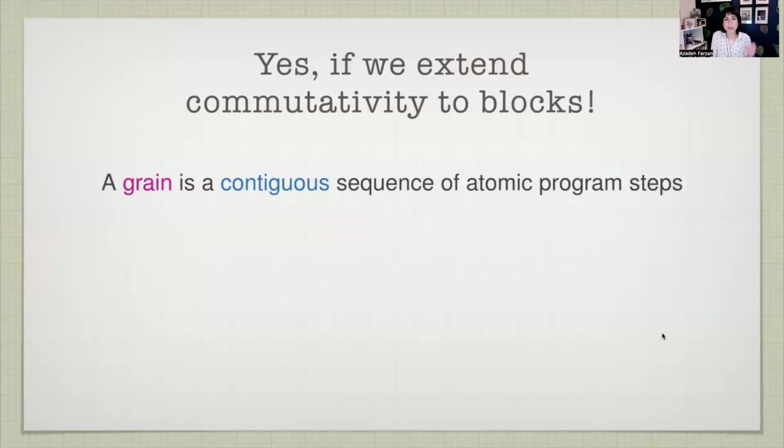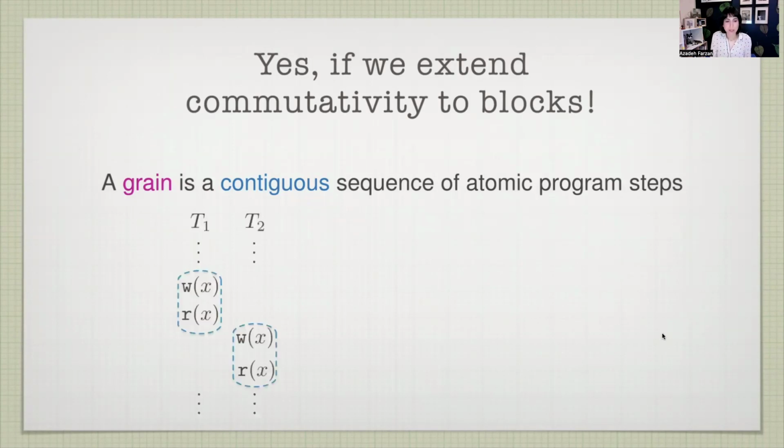So we define the concept of what we call a grain, which is, at the moment, a contiguous sequence of atomic program steps. So, for example, if you classically would look at this read X and this write X, you would realize that based on standard commutativity, they cannot be reordered because they're dependent.